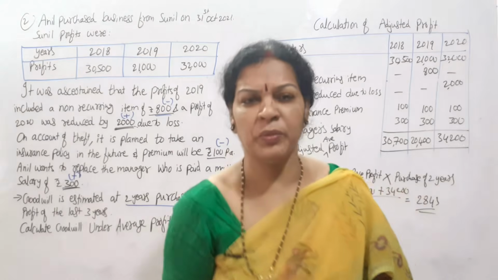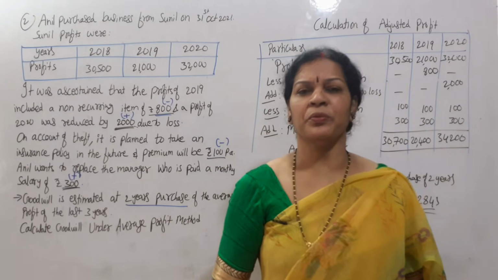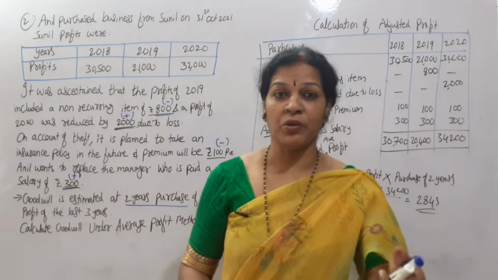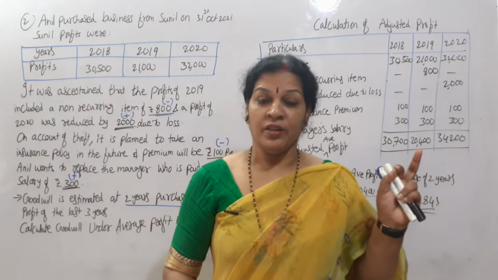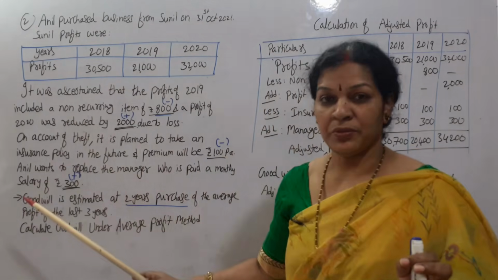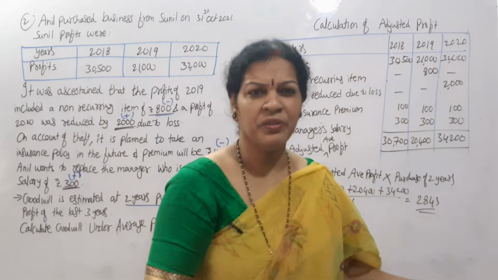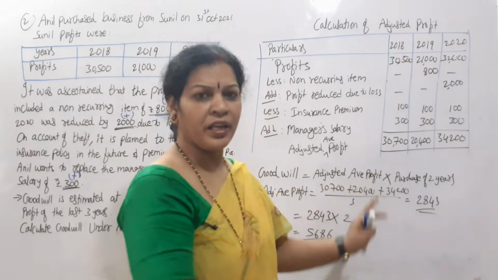Now see, the problem is simple, same as the previous one. The only thing is we have some adjustments. You must know what to add and what to deduct. When we have adjustments, we prepare this adjusted profit table; otherwise it is not required and we would go for direct calculations.